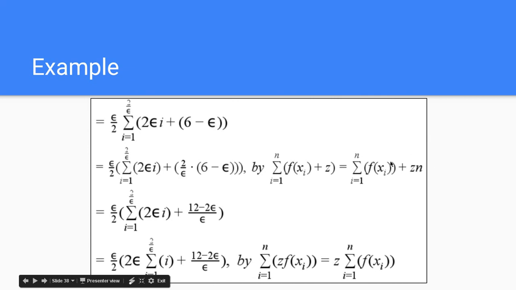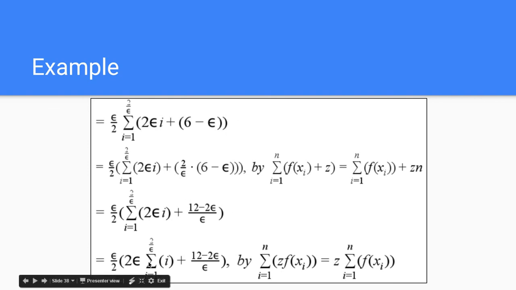That will give you the same thing. So here I pulled 6 minus epsilon out, and I'm multiplying it by 2 over epsilon. And then here I just simplify it. I actually do the multiplication, and I get 12 minus 2 epsilon over epsilon.